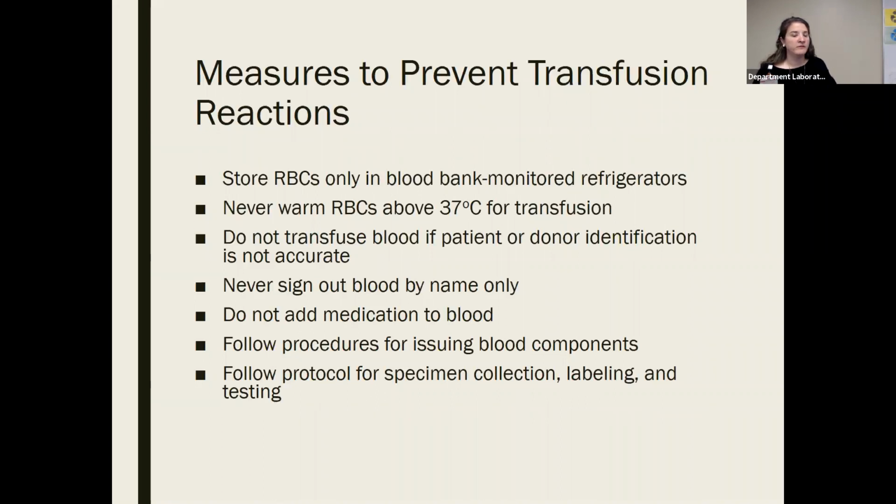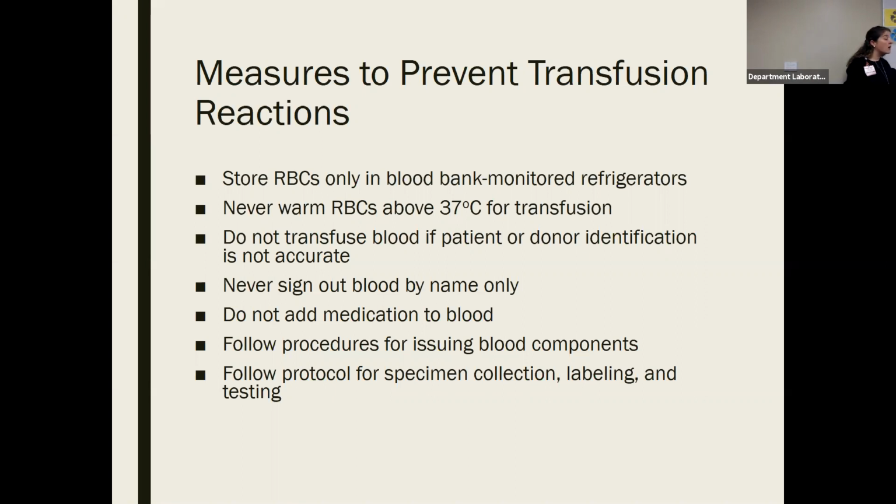So some measures to prevent transfusion reactions. Pay attention to your storage temperatures. Store red cells at refrigerated temperature, 1 to 6. Keep in mind if that product has been outside of refrigerated temperatures for greater than 30 minutes, it needs to be discarded. The nursing staff does not understand that. They request a unit, it's sent up, and then they say the patient decided to go for a CT, he's not in his room right now.